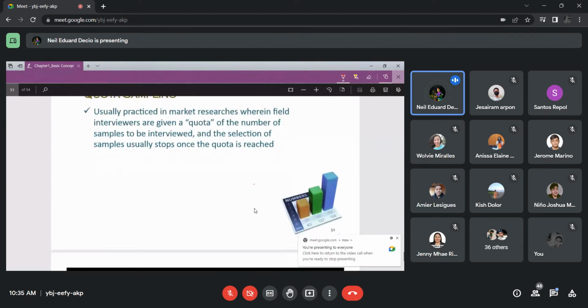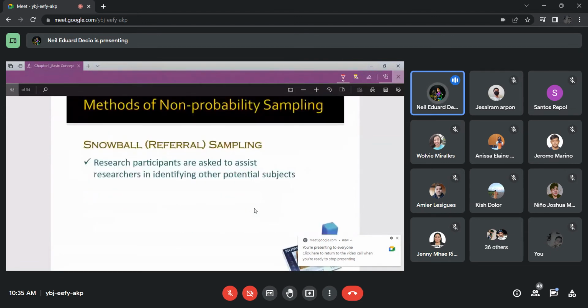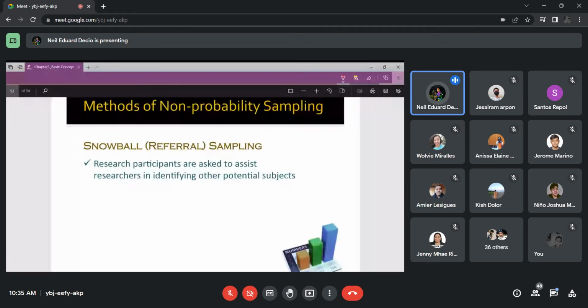And then we also have what we call snowball or referral sampling. In snowball, the respondents tell you where to ask next. Your respondents give you the next respondent. Usually snowball is used if the topics are sensitive. For instance, you want to know the experiences of people who were drug users for a specific time period.